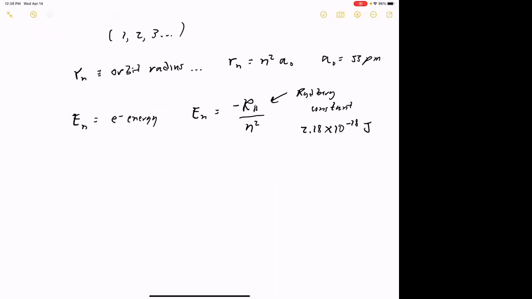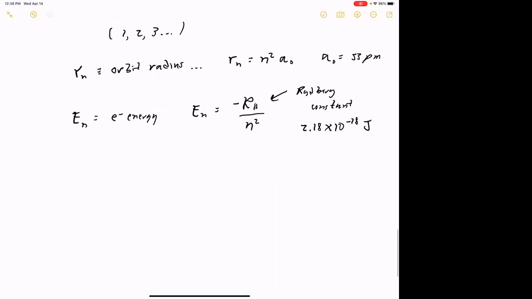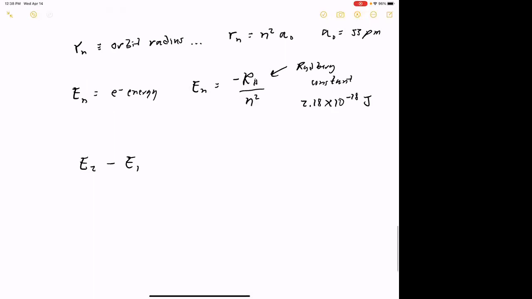This is where we'll end it and maybe do a little bit of practice. If I had an E sub 2 minus an E sub 1, because an electron could start out at, say, E2 and go down to E1, how would I characterize that? Well, I could characterize it in terms of exactly what I've got there.